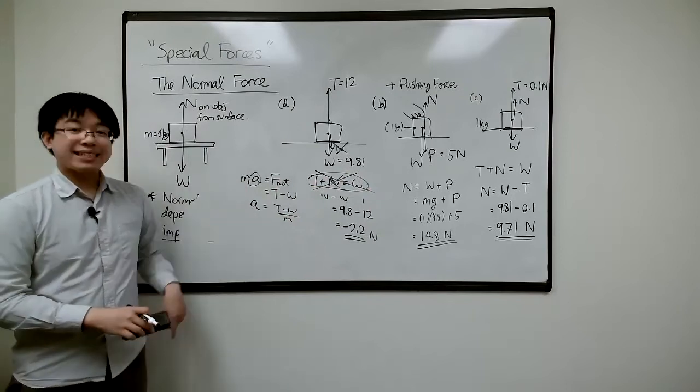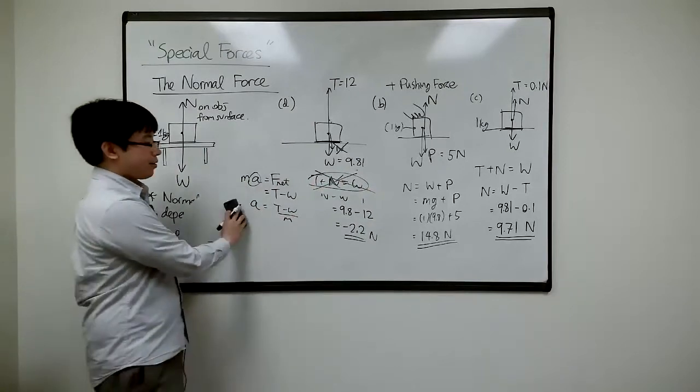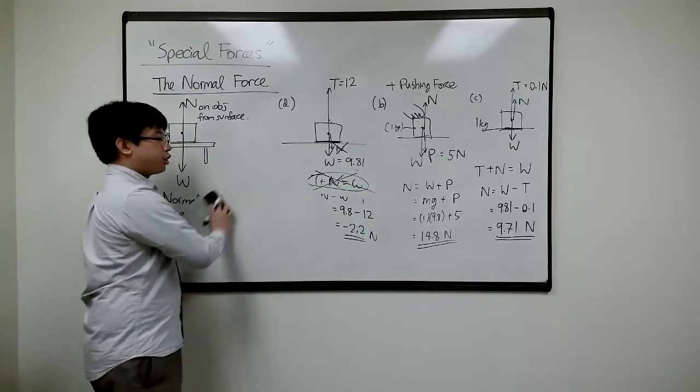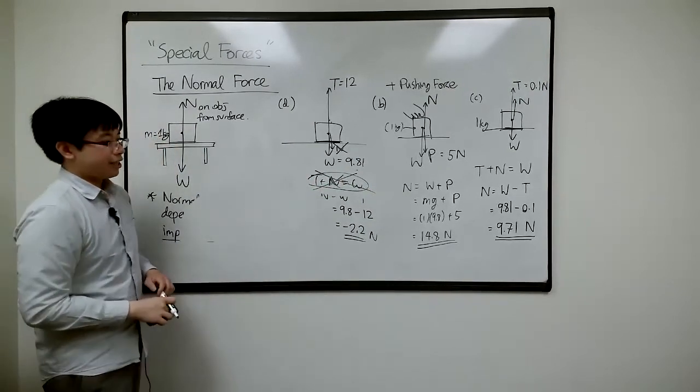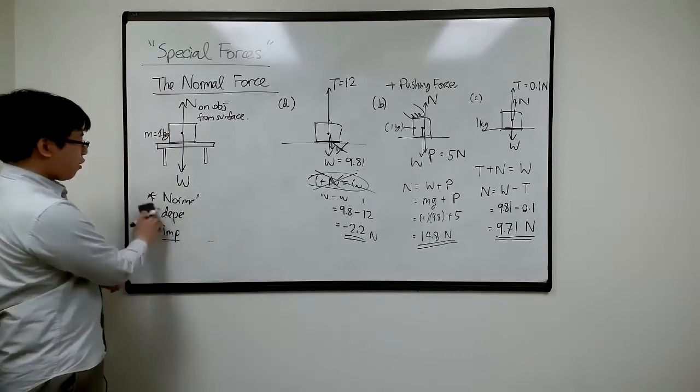You can actually calculate the acceleration of it. Don't worry too much about this just yet. We'll show you more examples in tomorrow's lecture. But these are the key properties of the normal force.